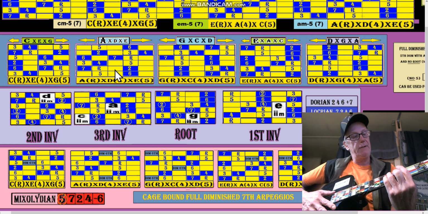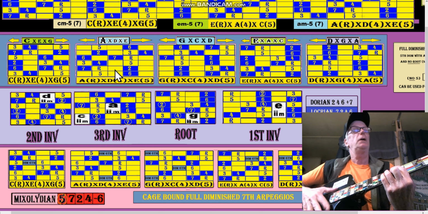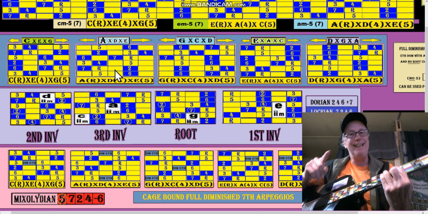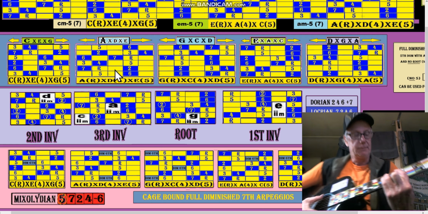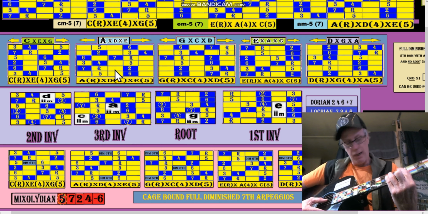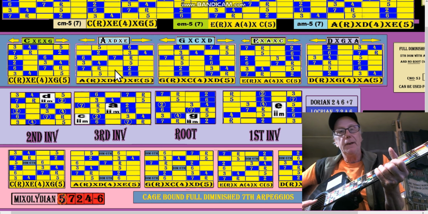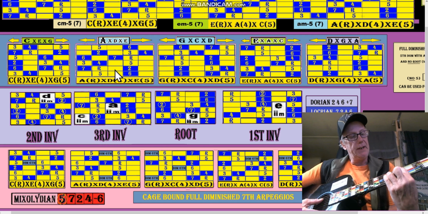F, there's no F string. Let's say E, well, it doesn't matter. E shaped F, it doesn't matter, right? So let's do this. E shaped, root's going to be on the E string. Okay, and then also on the action finger, the chord making fingers is going to be on there too.